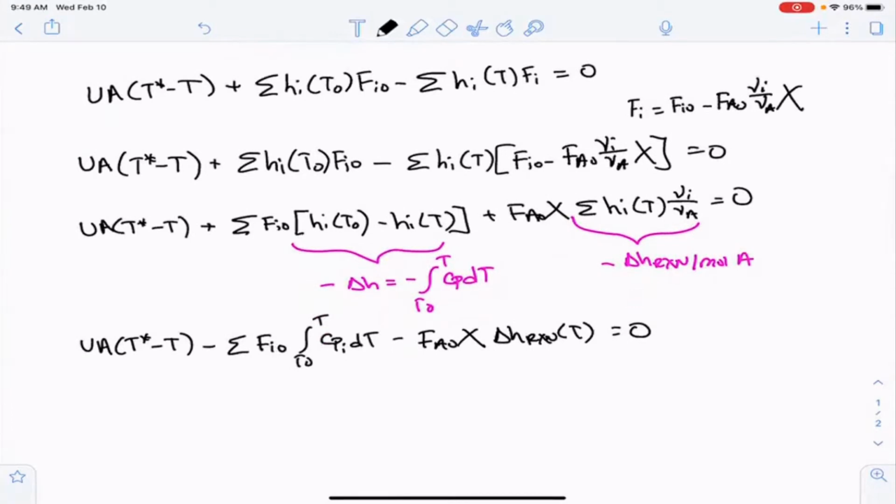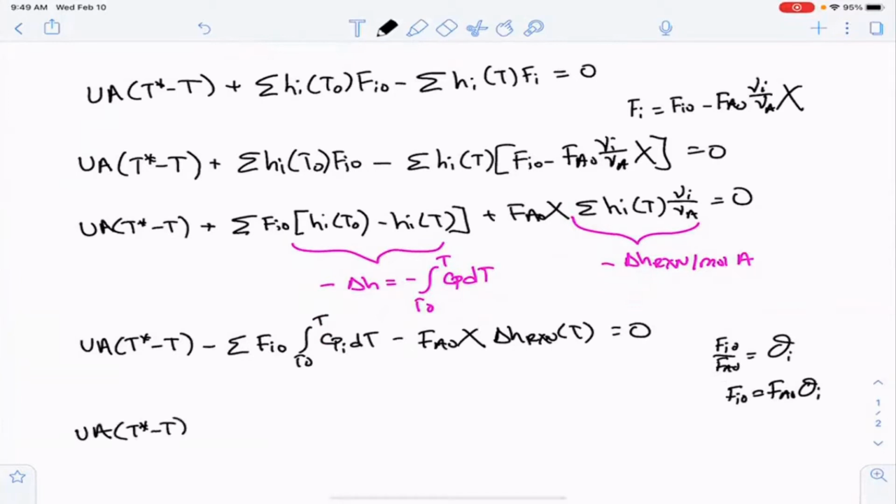And then we made one more change, is that we recognize that Fi0 over FA0 equals theta i, or that Fi0 equals FA0 times theta i, right? And we defined this a couple of lectures ago. And so we can insert that into here as well.